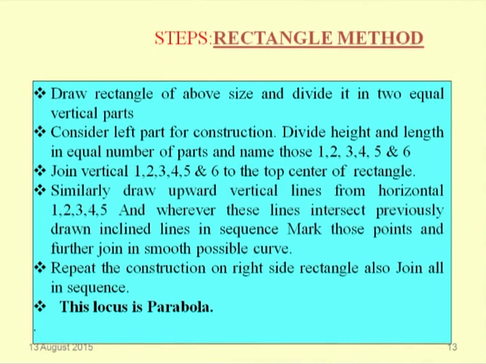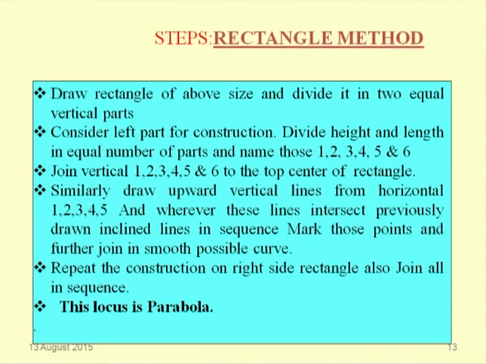Here you have to draw a rectangle and divide it into equal parts. Then, considering the left part of our construction, divide height and length into an equal number of parts and name those points 1 to 6. Now join vertical points 1, 2, 3, 4, 5, 6 to the top center of the rectangle.